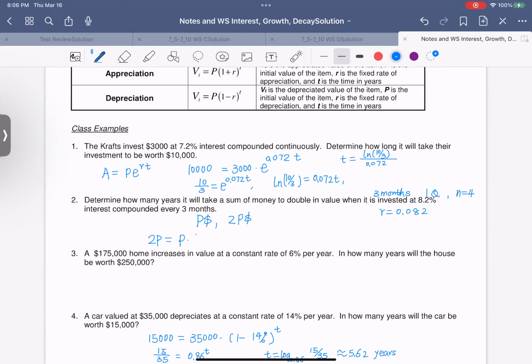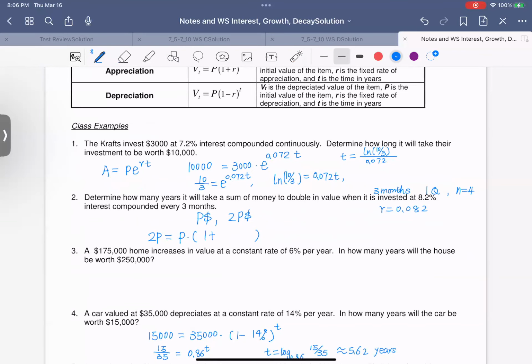What do you want to do here? 1 plus 0.082 over 4, to the power of 4 times t, correct?